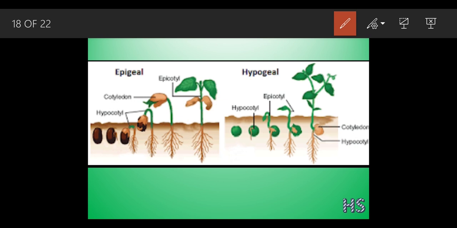Now, who shows this epigeal germination? This epigeal germination is shown by the bean seed. Who shows this hypogeal germination? This hypogeal germination is shown by the pea. Okay, these are the examples.